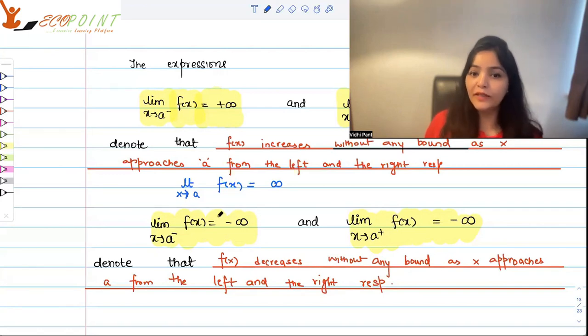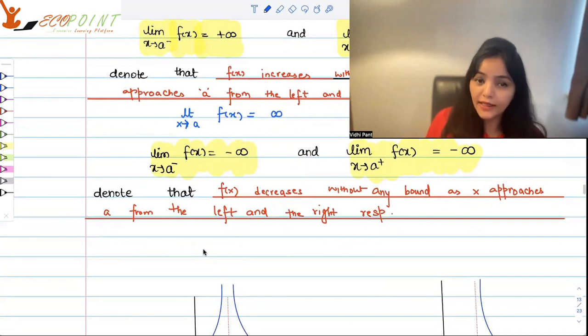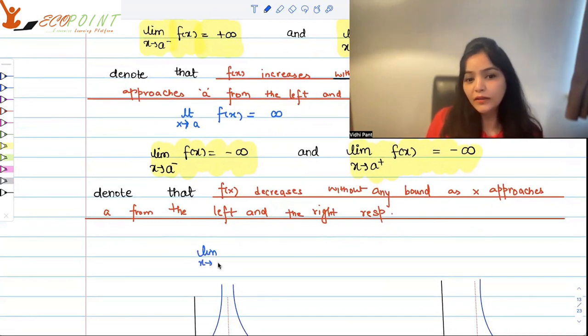This tells you that f(x) decreases without any bound as x approaches a from the left as well as from the right, respectively, of course. And again, here also we can give it a common notation or expression, that is, limit as x goes to a, f(x) is equal to minus infinity.